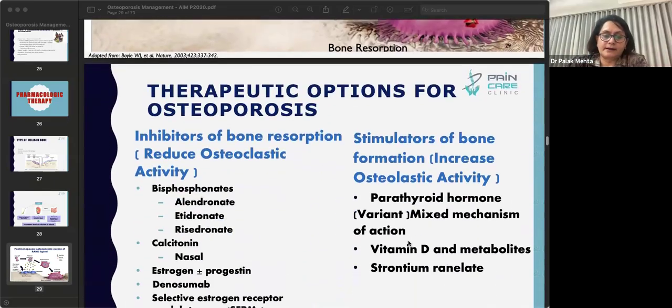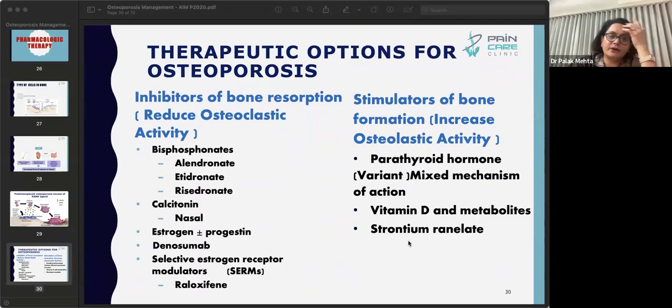Next slide, please. So what are the therapeutic options for osteoporosis? We need inhibitors of bone resorption, which reduce osteoclastic activity, and stimulators of bone formation, which increase osteoblastic activity. So the parathyroid hormone variant is teriparatide.